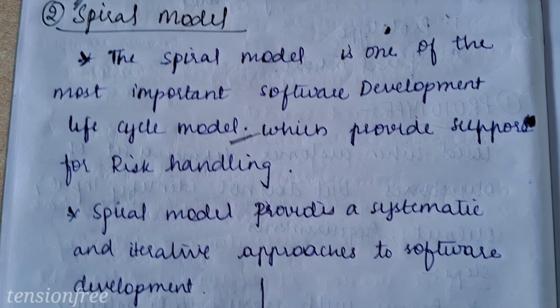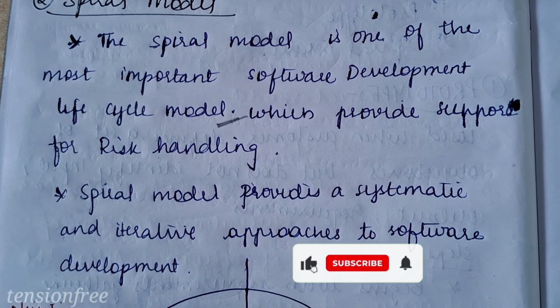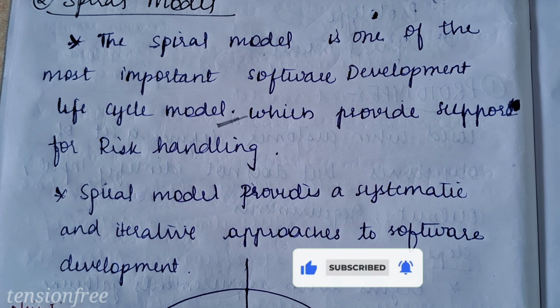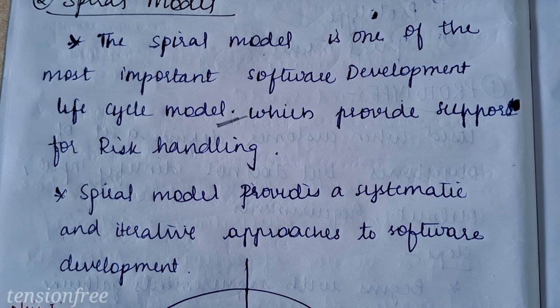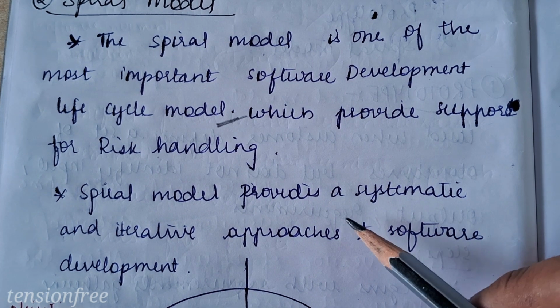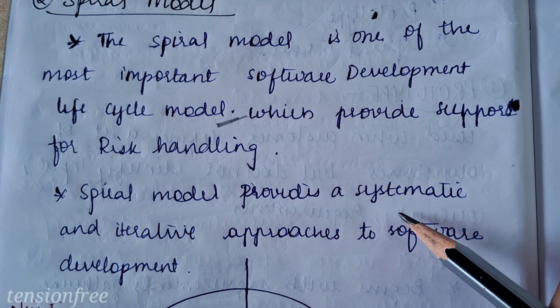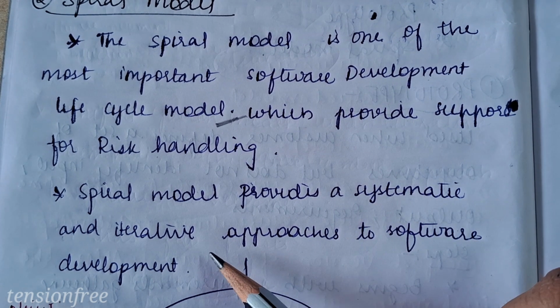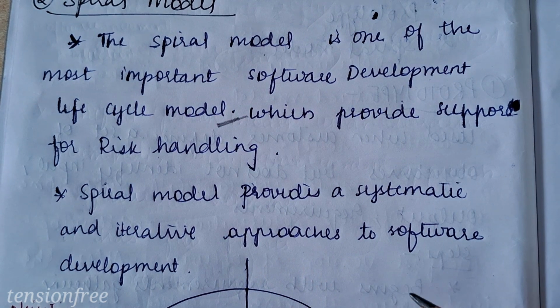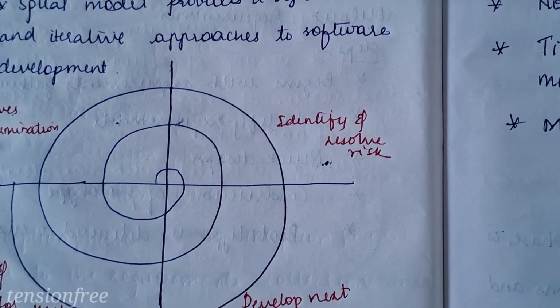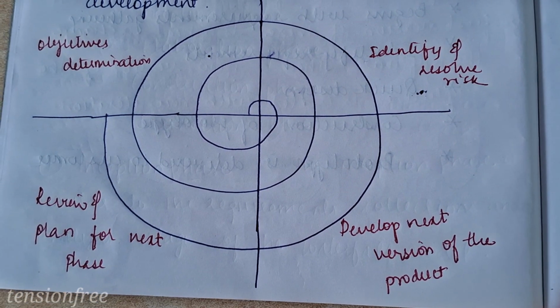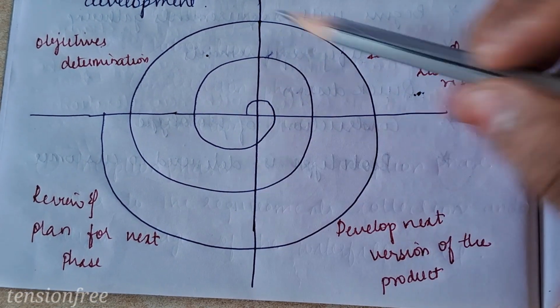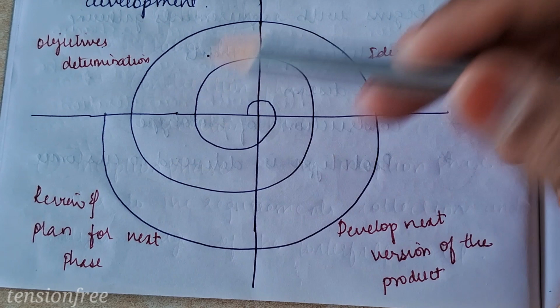A spiral model provides a systematic and iterative approach to software development. This model will provide the requirements in a systematic and iterative manner. In this model, the diagram will be in a spiral way. Look at the diagram. It's like a spiral, like a spider web.